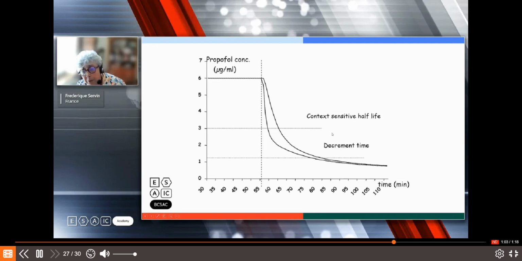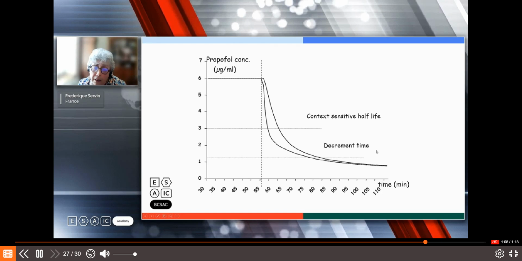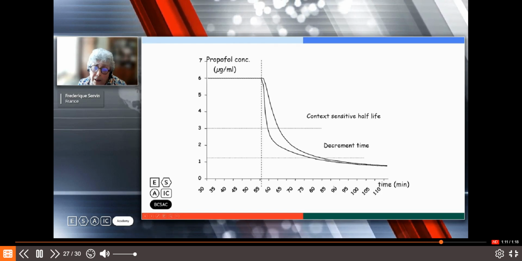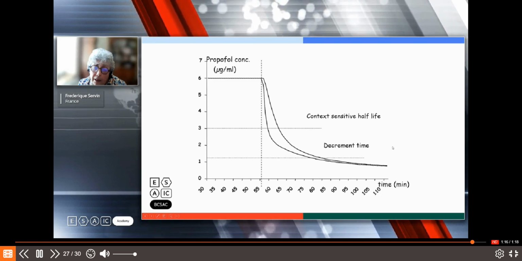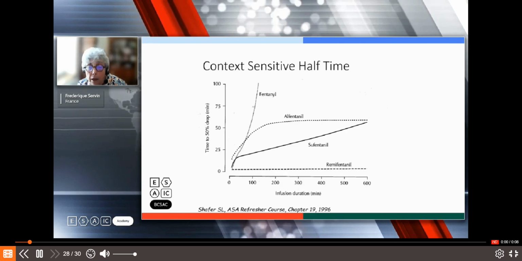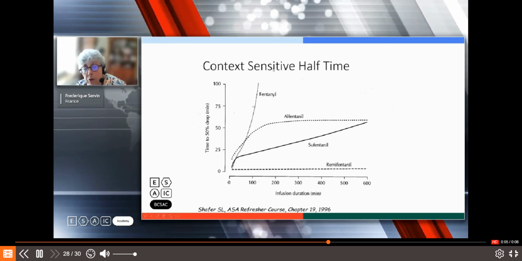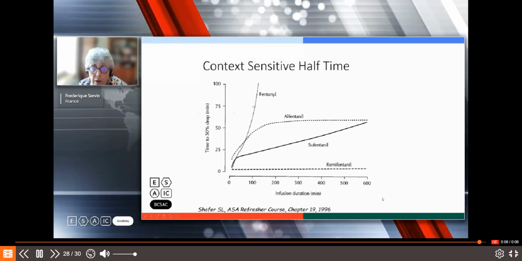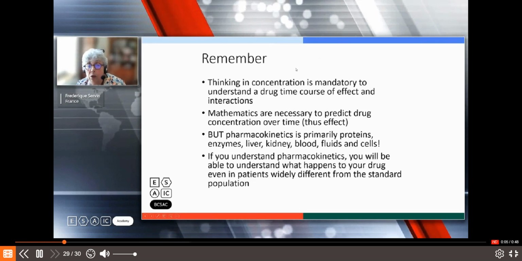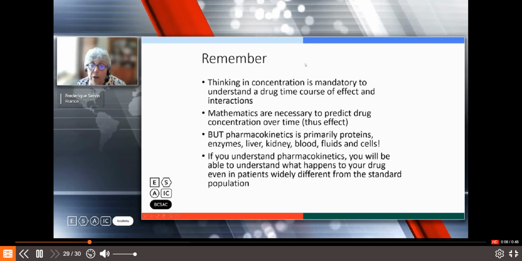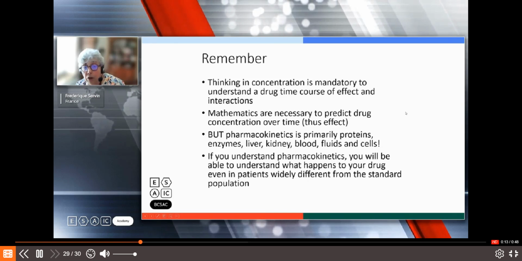And so a new parameter has been defined by Bailey et al., and this is decrement time, which is a mixed PK/PD parameter that allows calculation of the recovery time. The context-sensitive half-time's main interest is to compare the drugs between themselves. So remember, the main points are: thinking in concentration is very important to understand the drug time course of effect and predict the effects and the interactions.